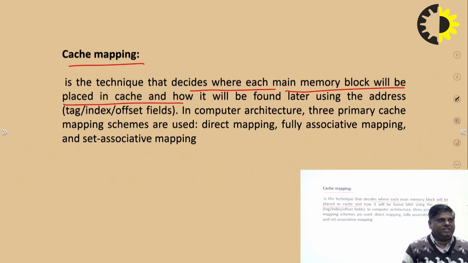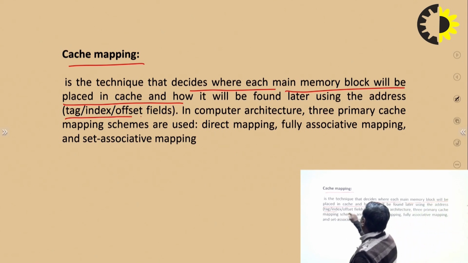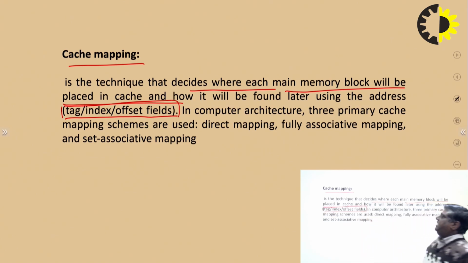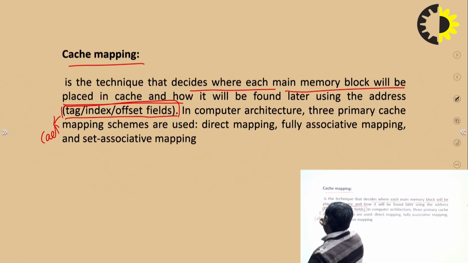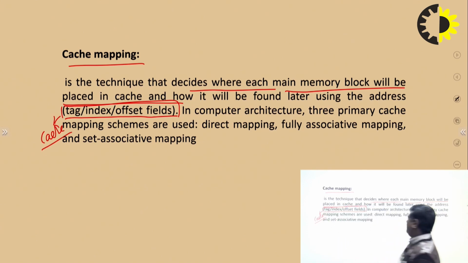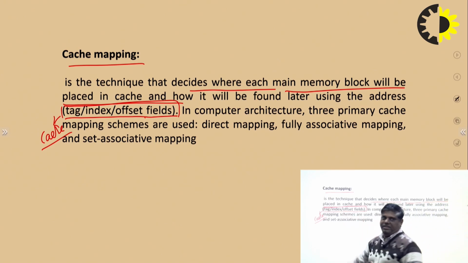That technique is known as cache mapping. The data will be found later using the address in this format: the address of the data is represented by the tag, index and offset fields in a cache memory. But if the data is present in main memory, then the address is only the offset field and the index.